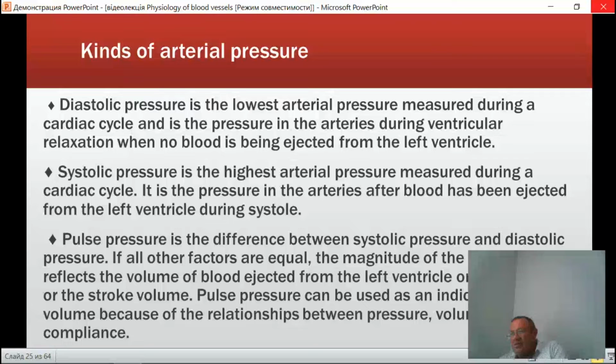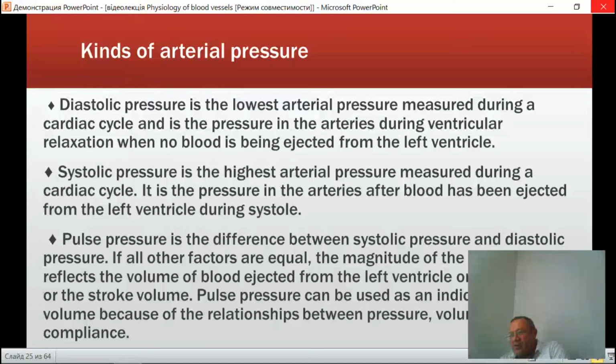Next, information about systolic pressure. It is the highest arterial pressure measured during a cardiac cycle. It is the pressure in the arteries after blood has been ejected from the left ventricle during systole. Pulse pressure is the difference between systolic pressure and diastolic pressure.